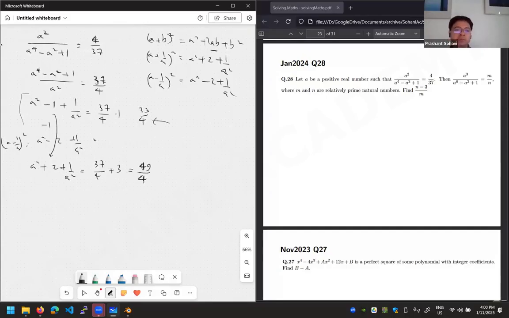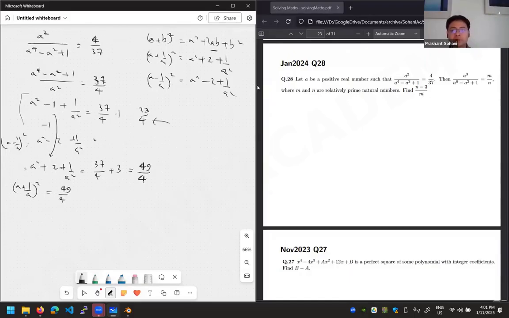Maybe even with this one, you can somehow struggle and find the answer, but it is all about wanting to be efficient. So whenever you have a choice like this, don't be in a rush, thinking that minus 1 looks so close to minus 2, you'll quickly make that change and proceed, but then you'll get stuck. If you just pause for a couple of seconds and observe that my plus 2 is a better approach, then (a plus 1 over a) bracket square is 49 by 4.